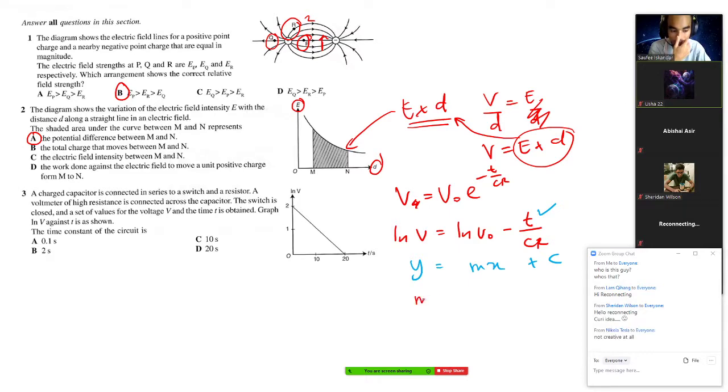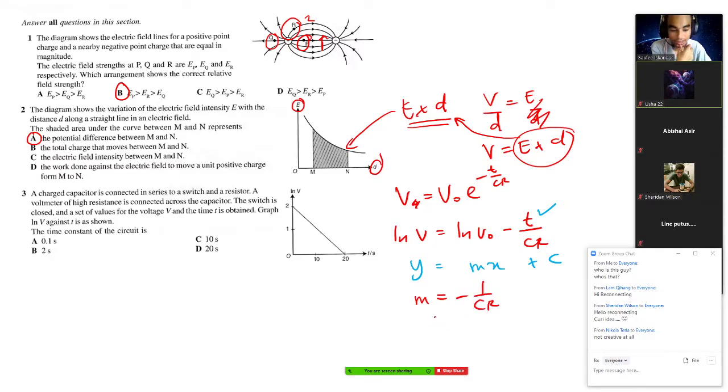So m, the gradient, equals negative 1 over CR.